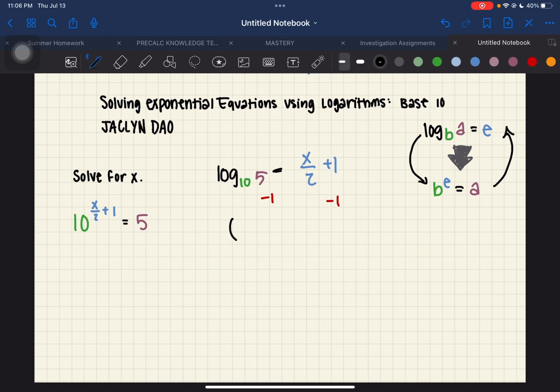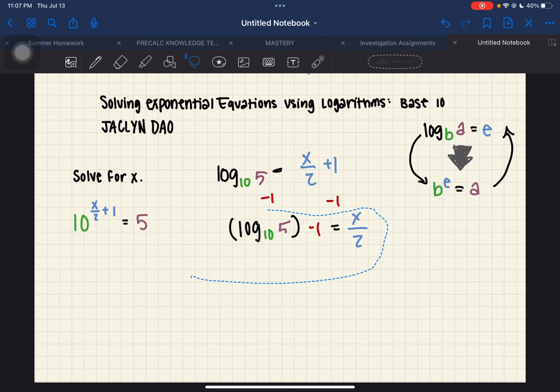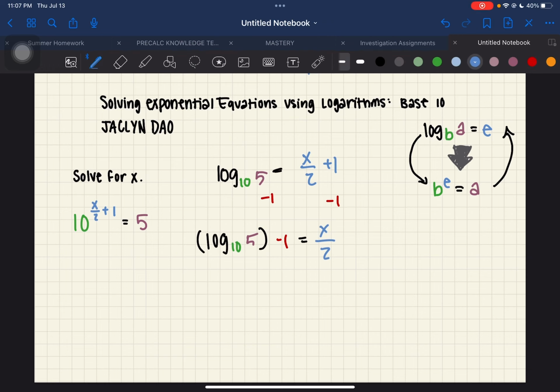Now let's rewrite it. Parentheses, log base 10, 5, close parentheses, minus 1 is equal to x over 2. Now, x over 2 is the same thing as 1/2 times x, right? Because 1x can just be written as x.